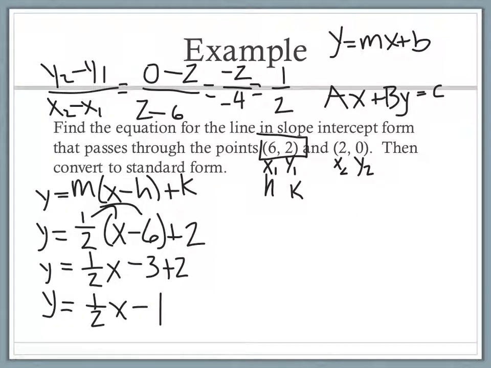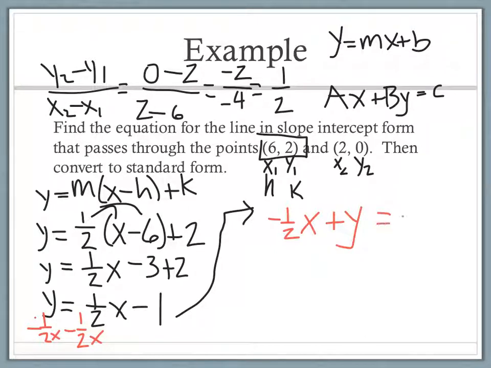That's in slope-intercept form, but it wants to be in standard form. So I'm going to change colors and go with red. The first thing I need to do is move that 1/2 x over to the other side. So I'm going to have negative 1/2 x plus y equals negative 1.